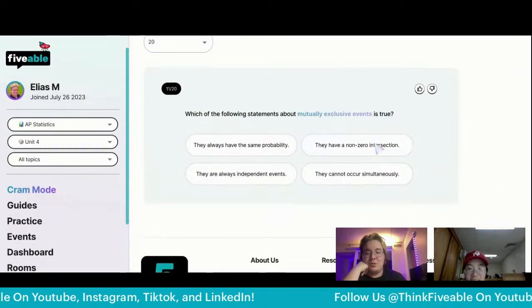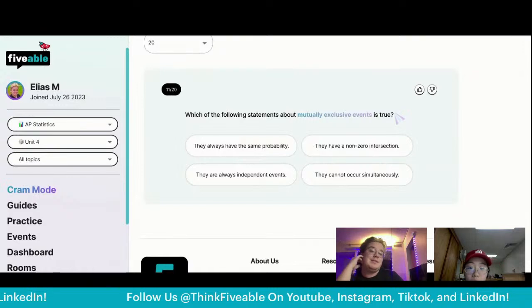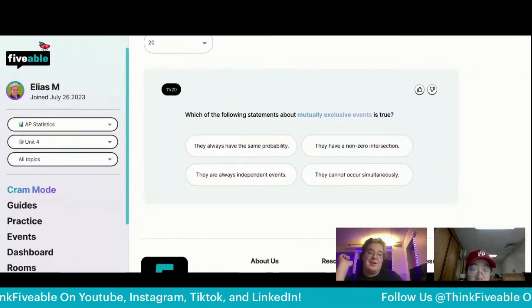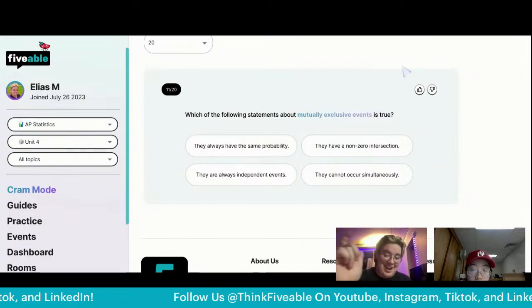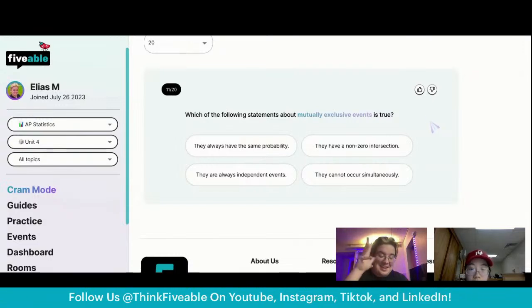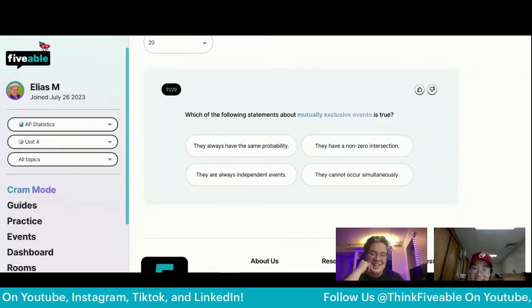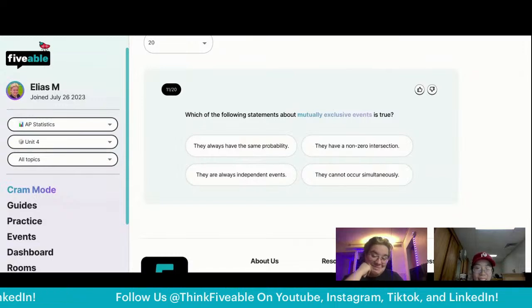Perfect. Next question. Which of the following statements about mutually exclusive events is true? I can tell you, the thing most important about being mutually exclusive is the fact that there is in fact zero interaction.